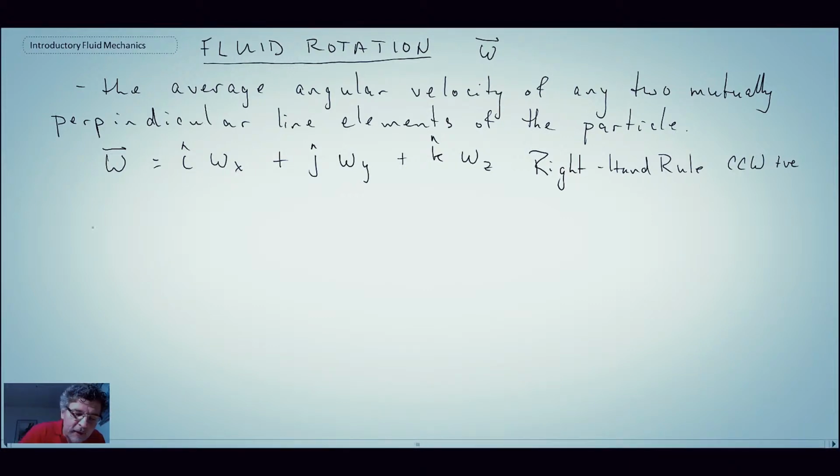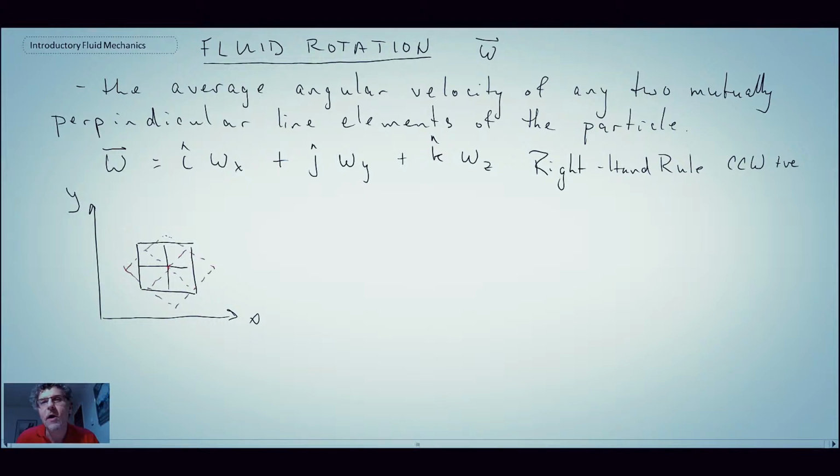So when we're looking at fluid rotation, let's draw out a little schematic here. That might be our original fluid element. Now if it's going through pure rotation, that's what our object might look like.